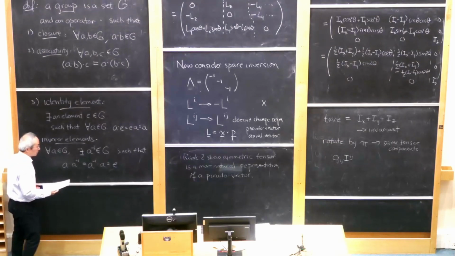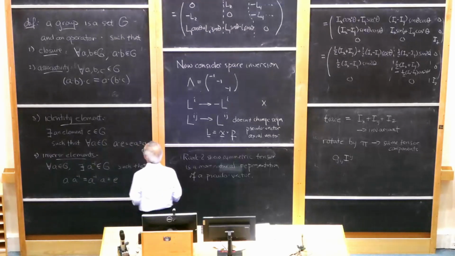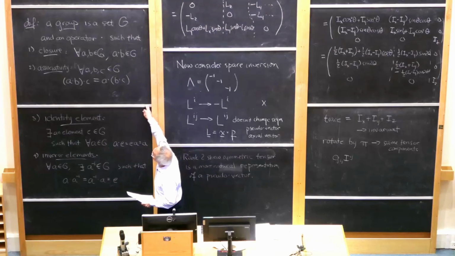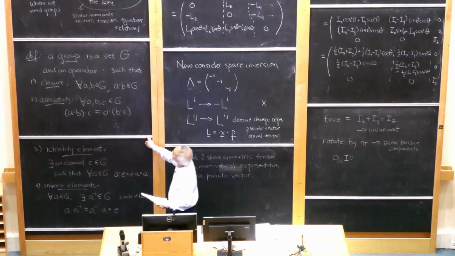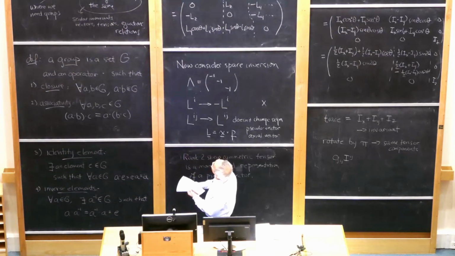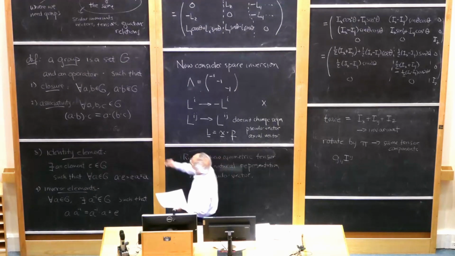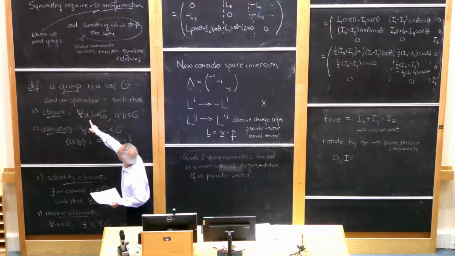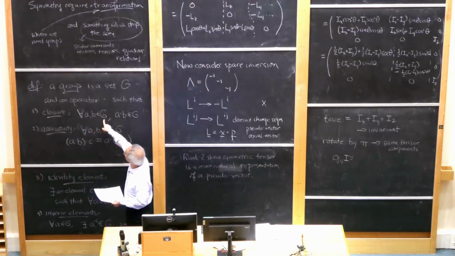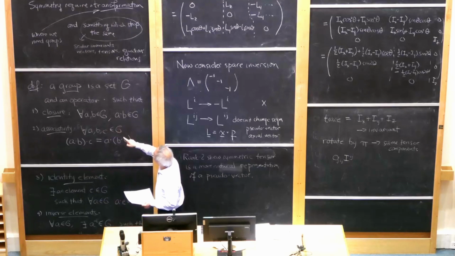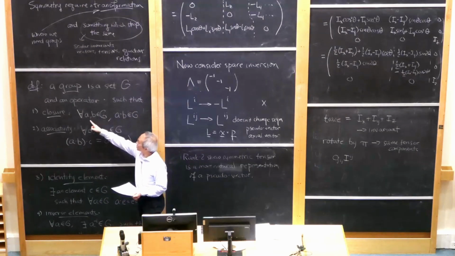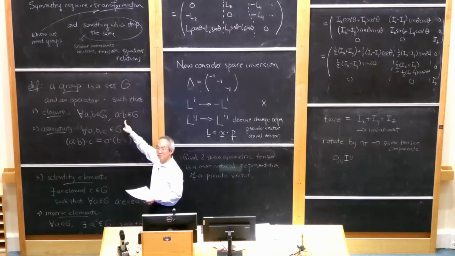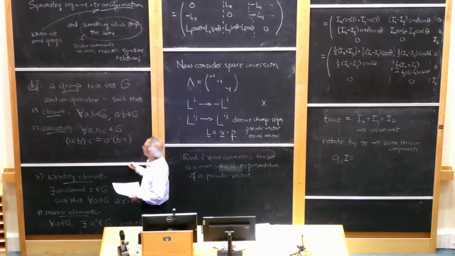Okay, actually before we talk about examples, it's worth looking at these axioms and seeing how they may be related to symmetry. We talked about the transformation, something which stays the same. You can already see that in the sense that the A and the B, the elements of G, are the transformations. So you would expect that if you can do two transformations, you can also do a combination of the two. That one seems fairly obvious.